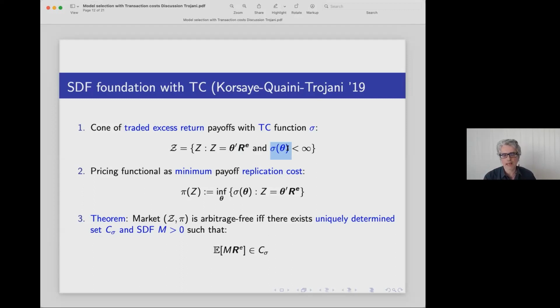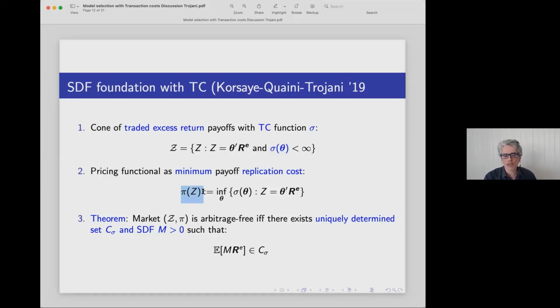So what is then the natural payoff space you're going to work with, which extends naturally what you do, for example, in the Hansen-Jagannathan framework? Well, it will be a set of payoffs in which you have finite transaction costs. And what is going to be the price of them is going to be basically the minimum replication cost out of all portfolios which can replicate a given payoff. Okay? So you can very well define a price function here.